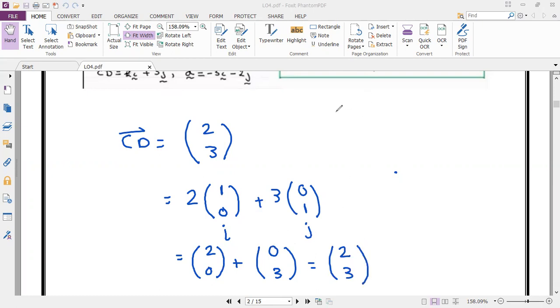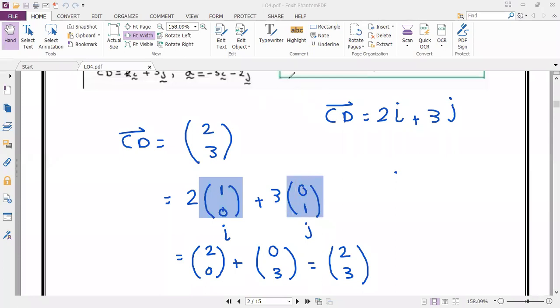So we can write the vector CD, instead of (2, 3), as 2I, where I is (1, 0), plus 3J, where J is (0, 1).